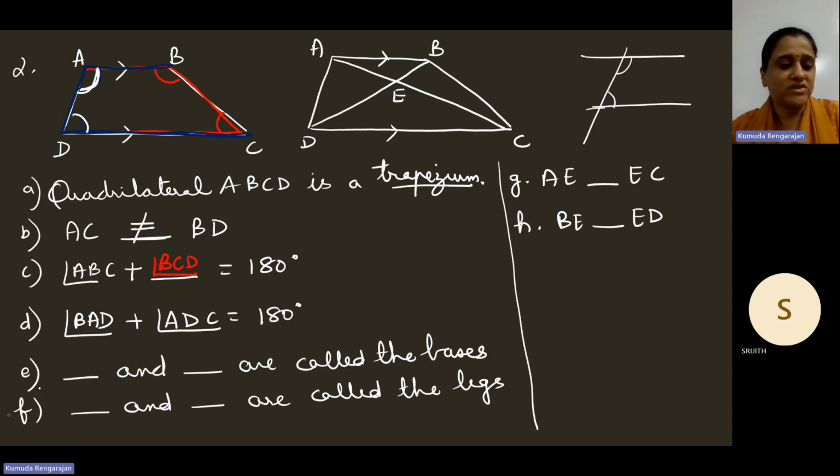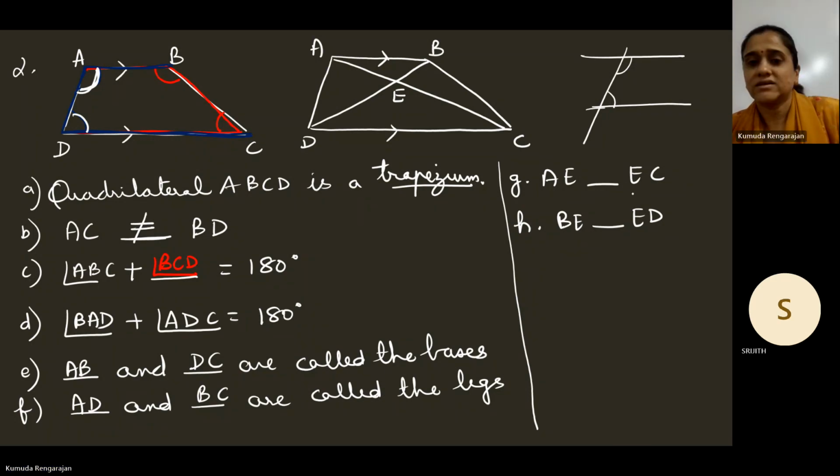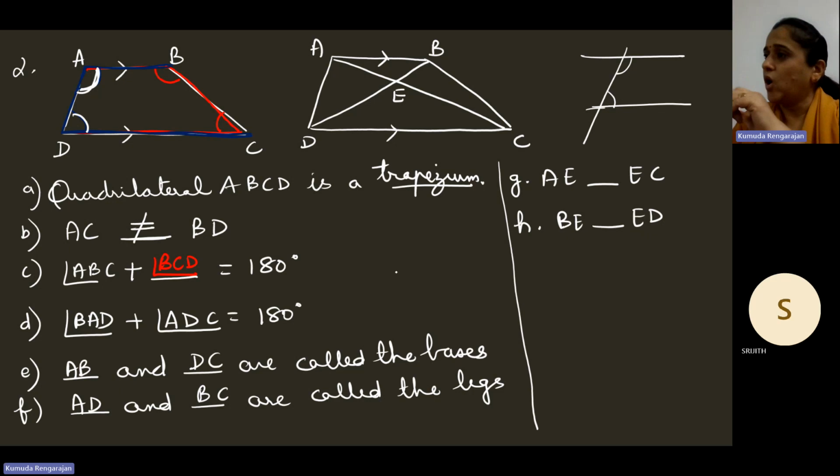Then next, which are called the bases? AB and DC, very good. Which are called the legs? AD and BC. Okay. Then AE dash EC. You can use a word or you can use a symbol: less than, greater than, equal to, not equal to.